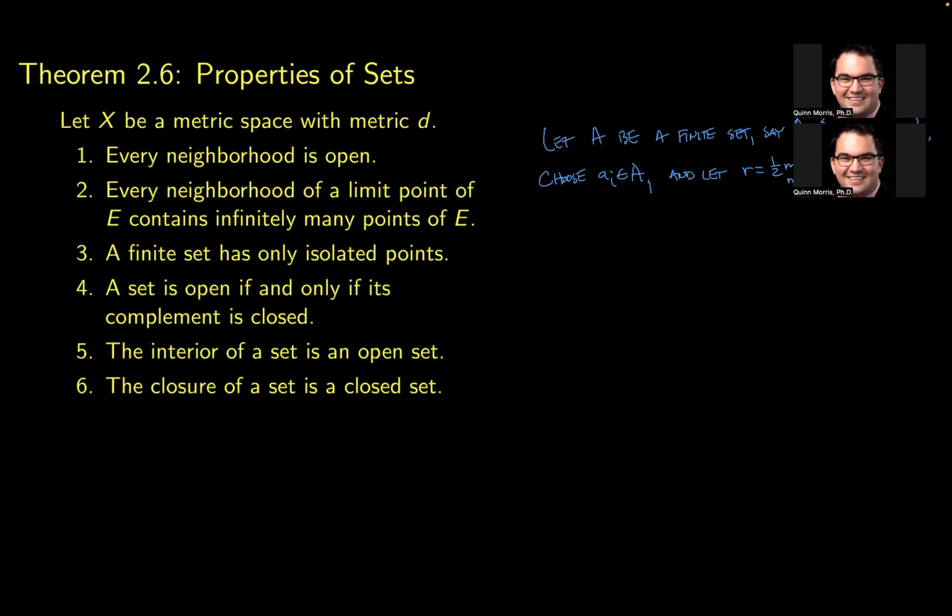Let me explain what I'm doing here. Or sorry, it's not quite right. That would work if we're talking about the real numbers, but here I want the distance between A_n and A_i.